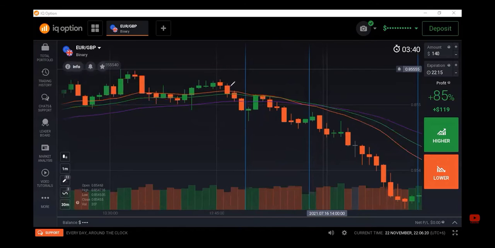So when the market finally broke all the EMA lines, this candle and this candle formed in the market, and this is the first candle. This first candle's volume is high here. The second candle is a very large candle, volume low here.